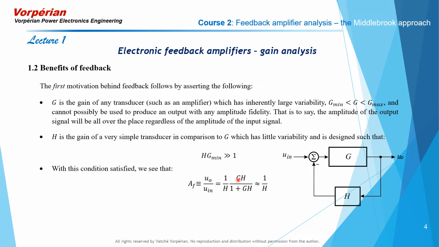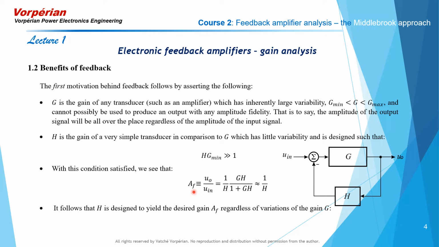Recognize that our feedback formula was G over 1 plus GH, and if we multiply up and down by H and make the product GH always much larger than unity, then GH over 1 plus GH is effectively 1, and the closed loop gain AF effectively reduces to 1 over H. Now, since H is an attenuation, 1 over H is a gain, and if H has very little variability, AF will have very little variability.